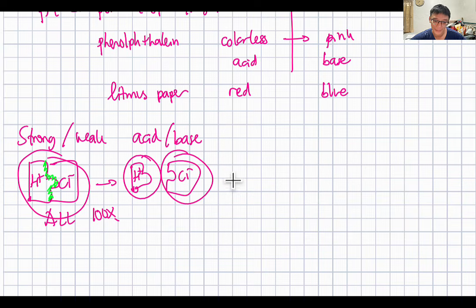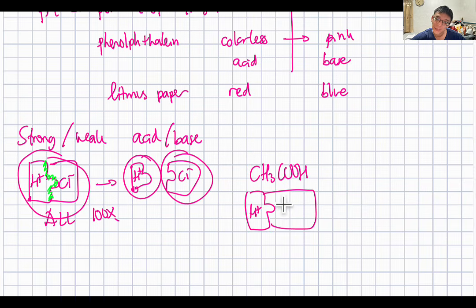While for a weak acid, for example an organic acid, let's say acetic acid, CH3COOH, or vinegar, the ions are H+ and CH3COO-.